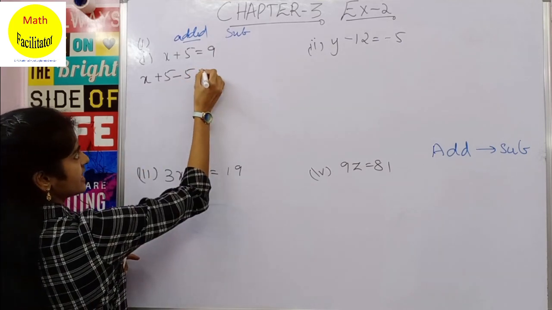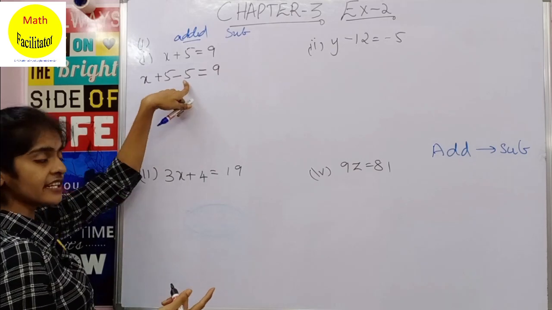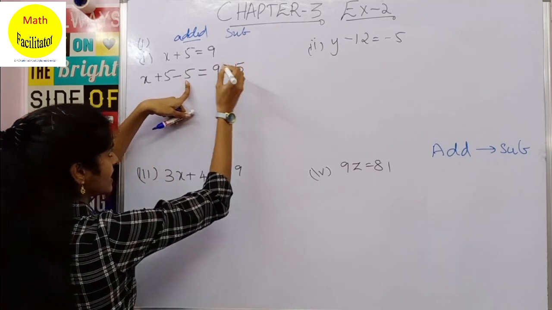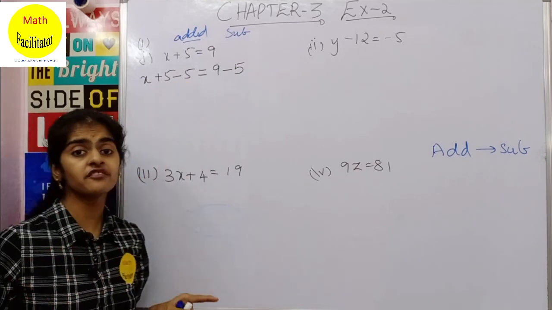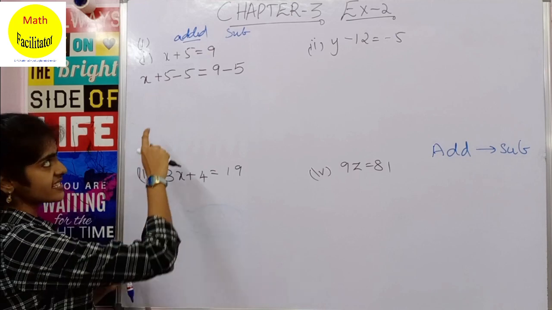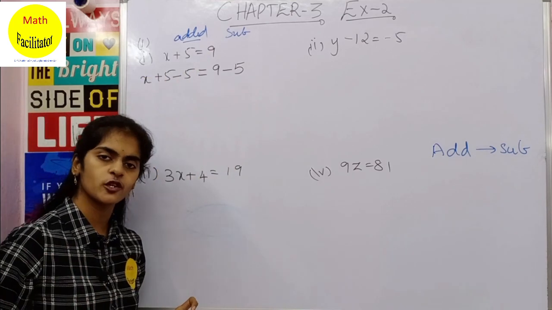Is equal to, you have 9 on the RHS, but you are subtracting 5 on the LHS, which means you should also subtract 5 on the RHS. Don't forget this step. Most of the students just do the operation on one side and leave the other, which gives a wrong answer.